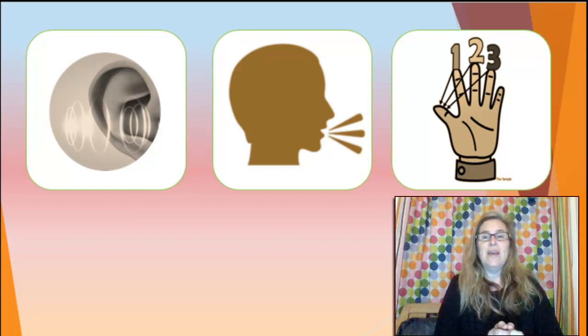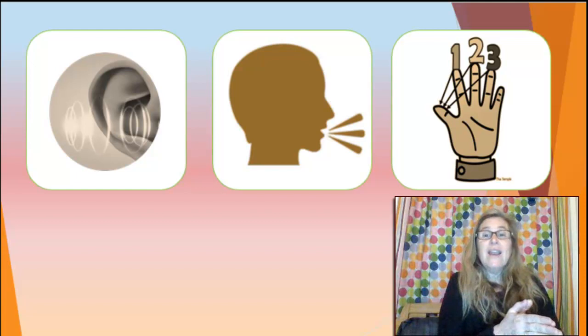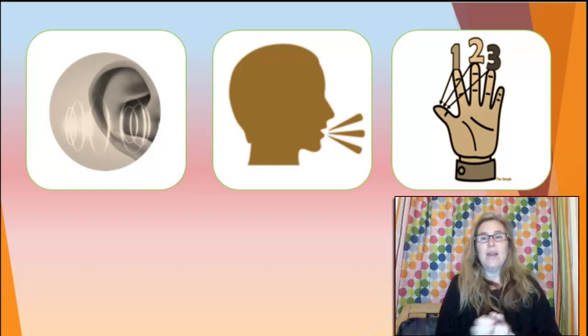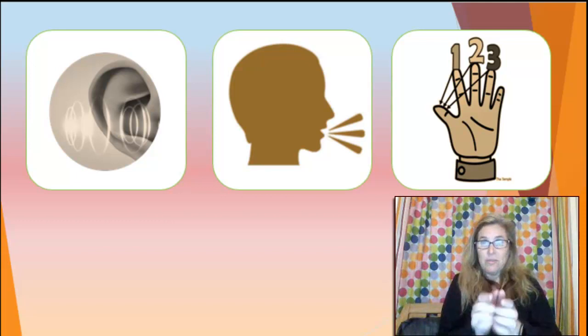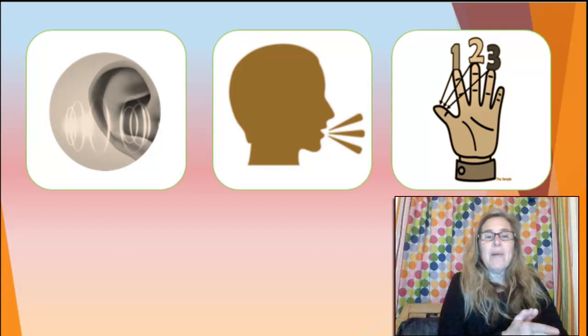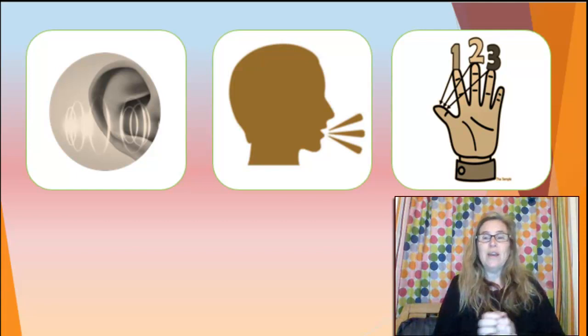Here's the next one. N, a, n. Your turn. Nan. Here's the next one. T, a, m. Your turn. Tom. Very nice. And the last one. T, a, p. Your turn. Top.